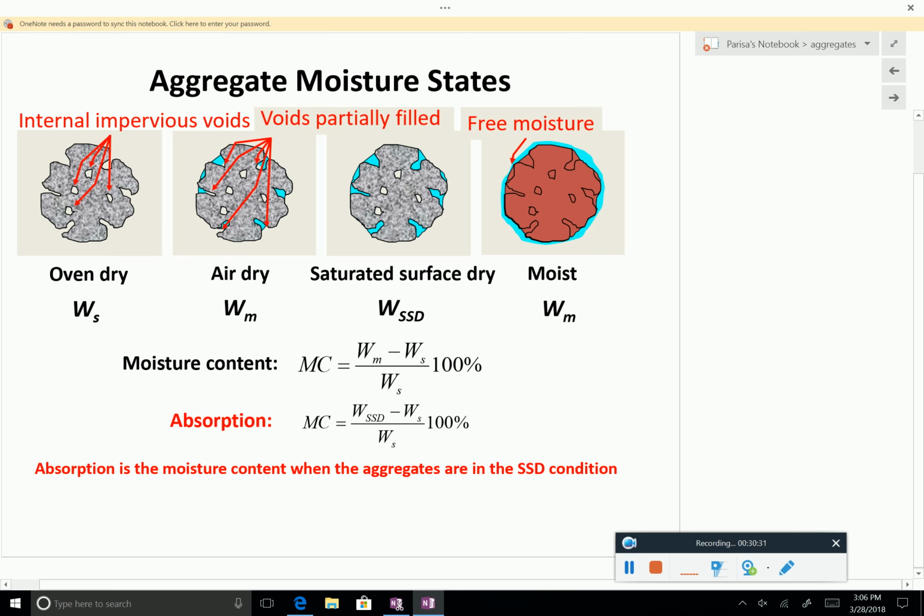Now, so far, the dry rodded unit weight, the material is called dry, so it is completely oven dry. It turns out that we have 4 different states of moisture. Starting from left to right, it is oven dry, or sometimes called bone dry.